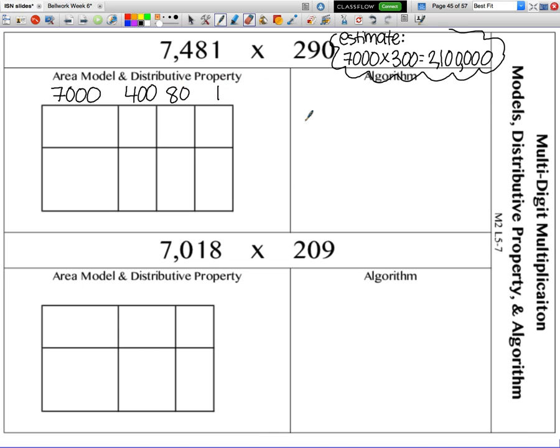So then coming down this side here, remember starting at the ones place. Do I have any ones right here? No, I don't. So I don't have to include it because anything times 0 is just 0. So I'm going to move on to the 9, but it's not just 9, it's 90. And then the last one would be 200. So then y'all can multiply all that good stuff out.